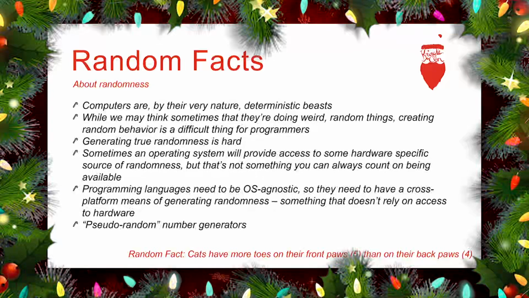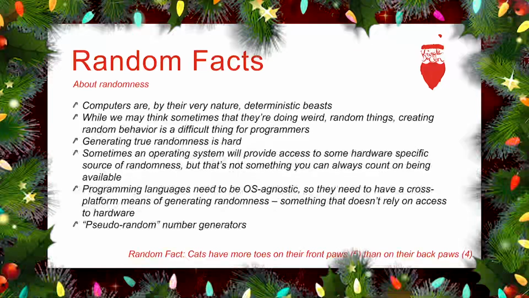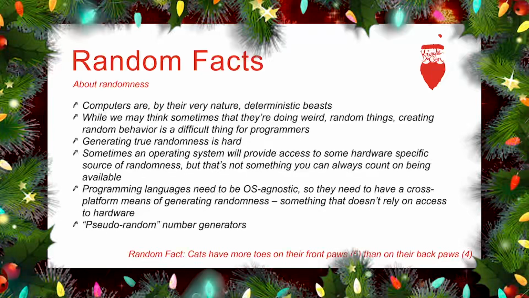So generating true randomness in software is actually incredibly hard. While you can do some things with hardware that will allow you to access a source of true randomness, most operating systems and most computers probably don't have a good way to access one.